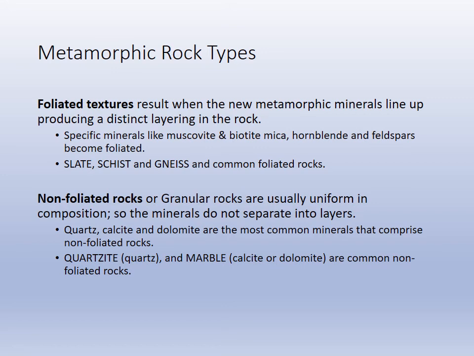Schist and gneiss are metamorphic rocks as well. They're shiny, they contain mica, and they form bands. Calcite, when it metamorphosizes, forms marble, no bands, and quartzite comes from quartz. Marble comes from calcite.